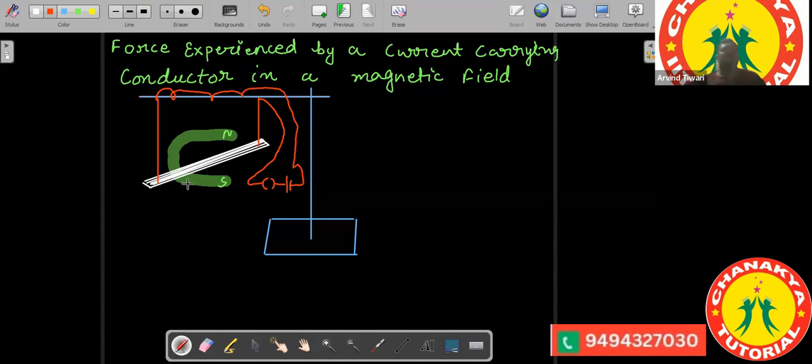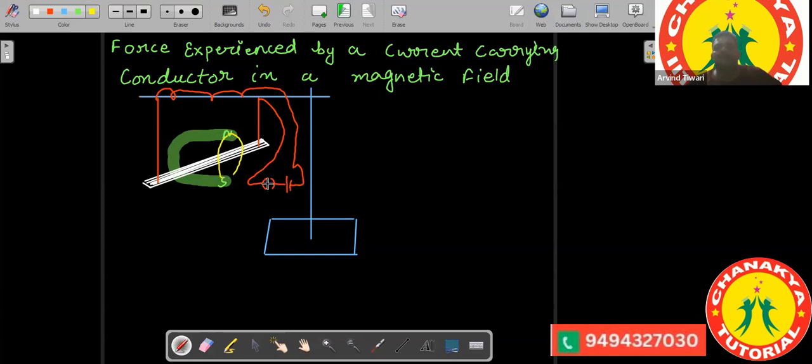So as we see, there is a current carrying conductor, a scale, which is held between the poles of a magnet. Now the magnetic field lines from this bar magnet are passing perpendicular to this. The magnetic field lines are passing like this.